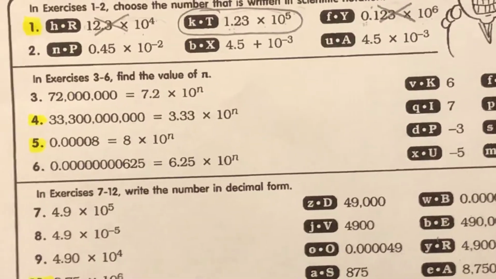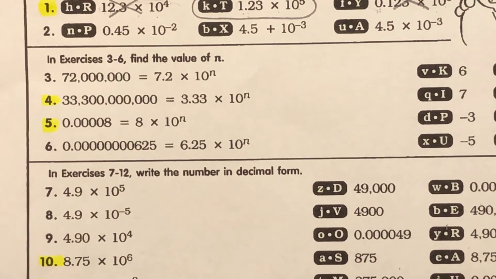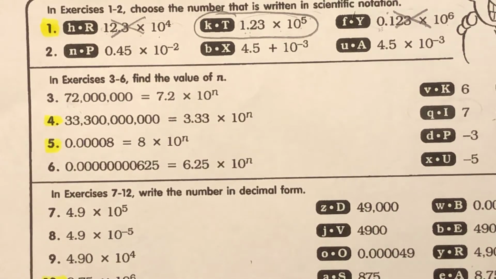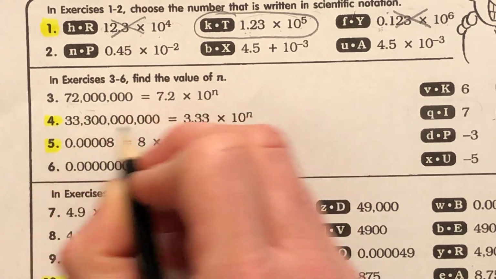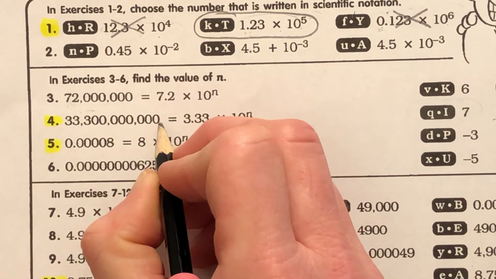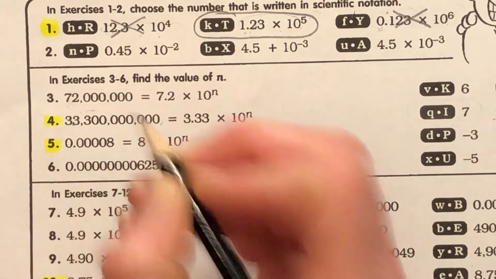Now let's go down to numbers 3 through 6. Find the value of n. We'll do numbers 4 and 5 together. I really like doing these. These are easy. So take this big long number and we'll move that decimal all the way from here to here.